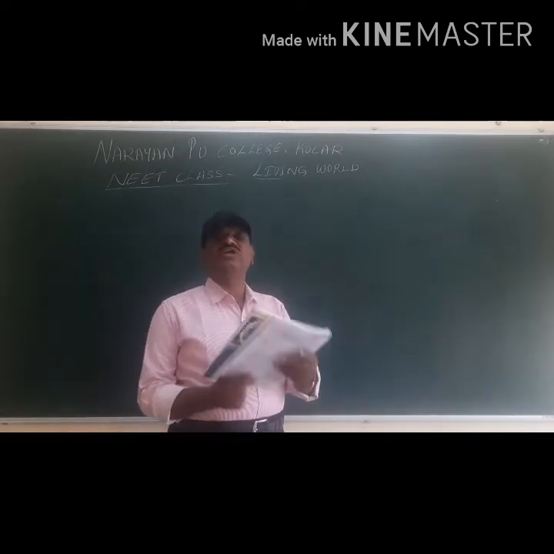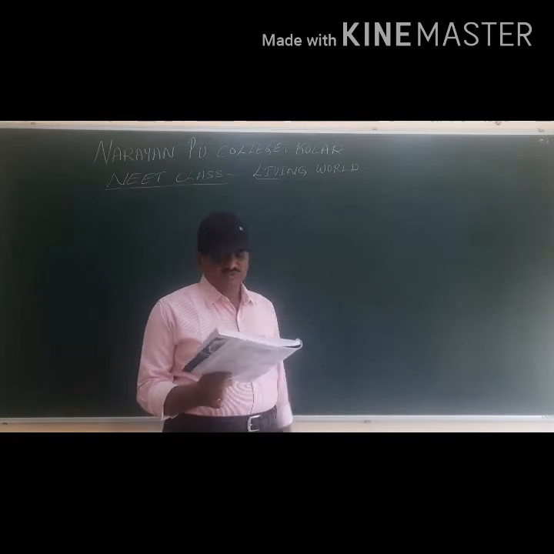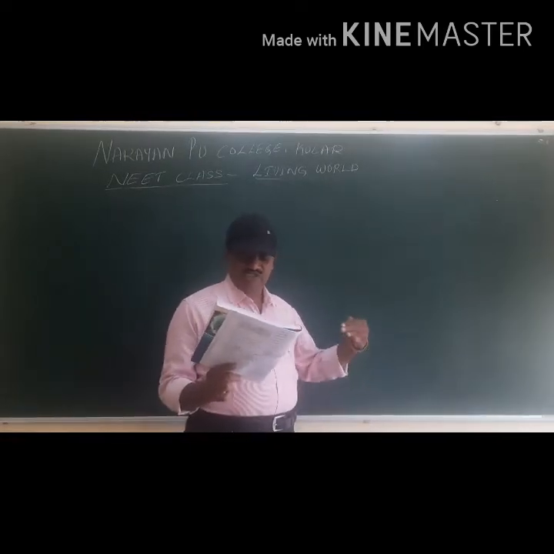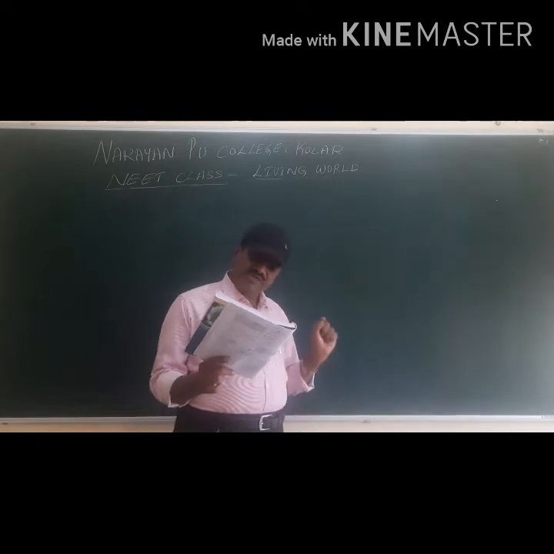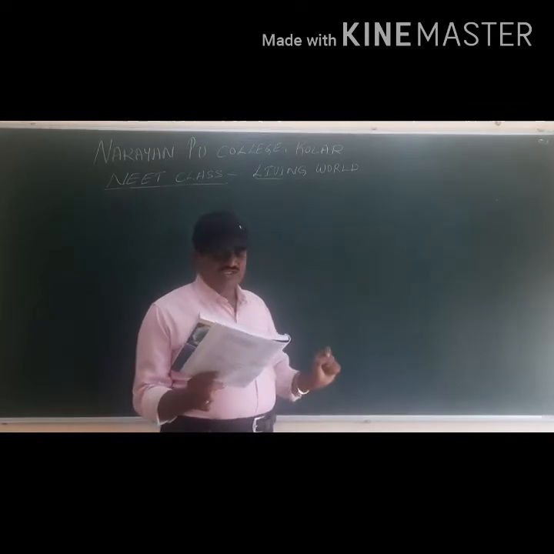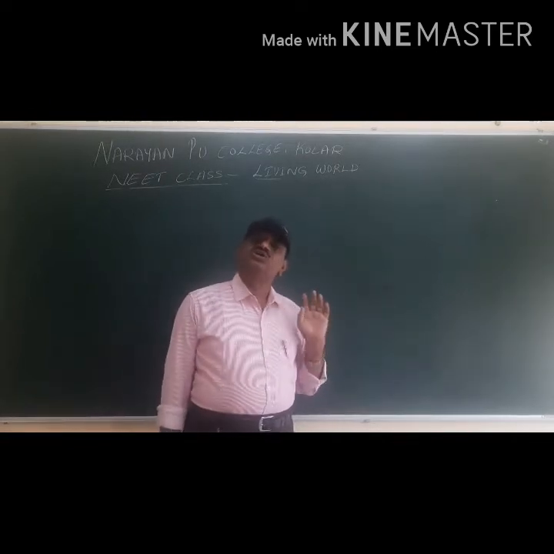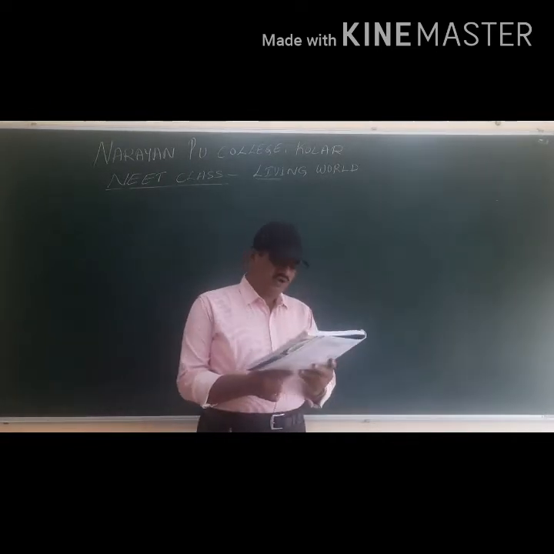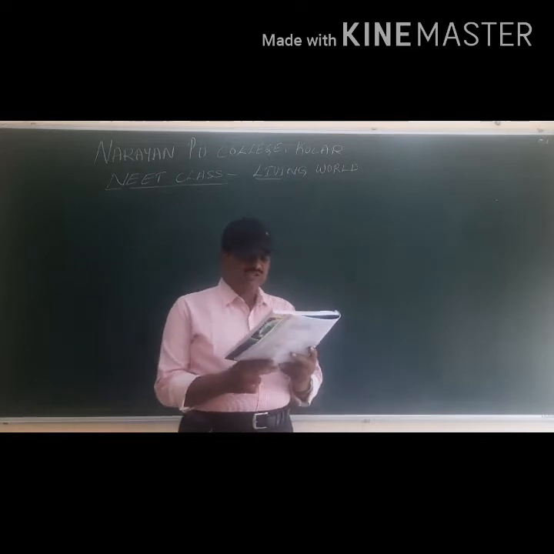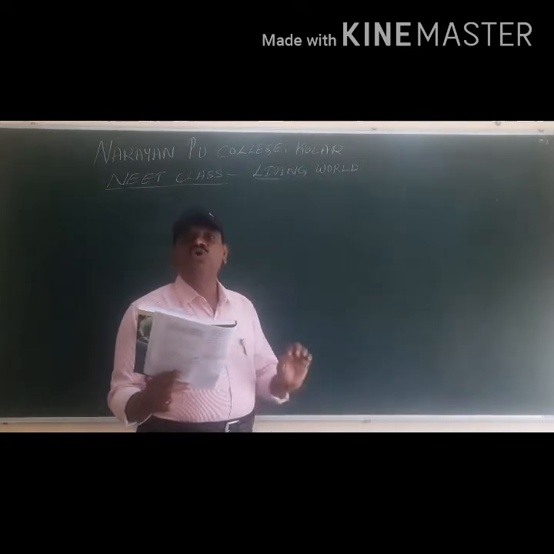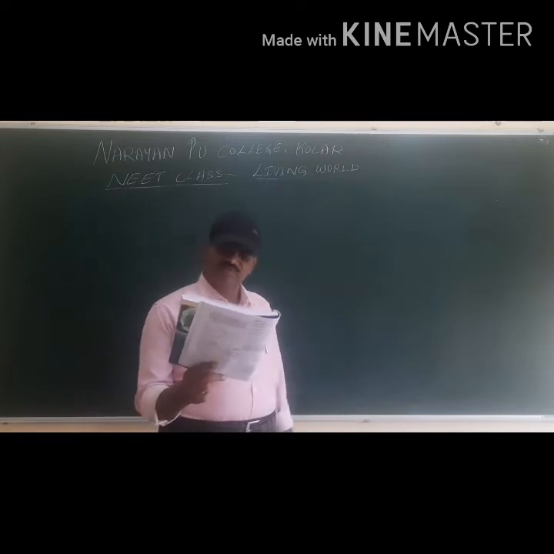The fourth option is both 1 and 2, that is, majority of the higher plants and majority of the higher animals. Once reproduction has taken place, they continue to grow. So growth as well as reproduction are mutually exclusive events. The option 4 is right. We'll go for the next question.